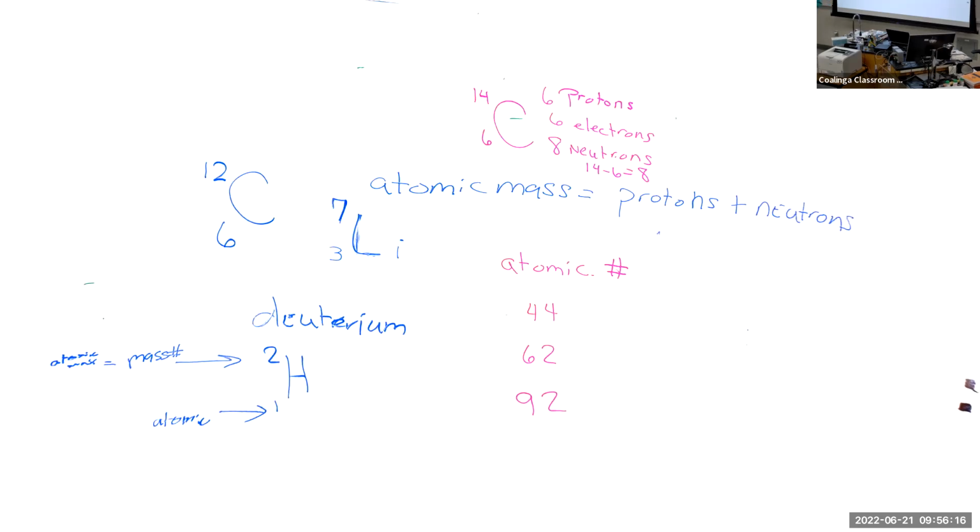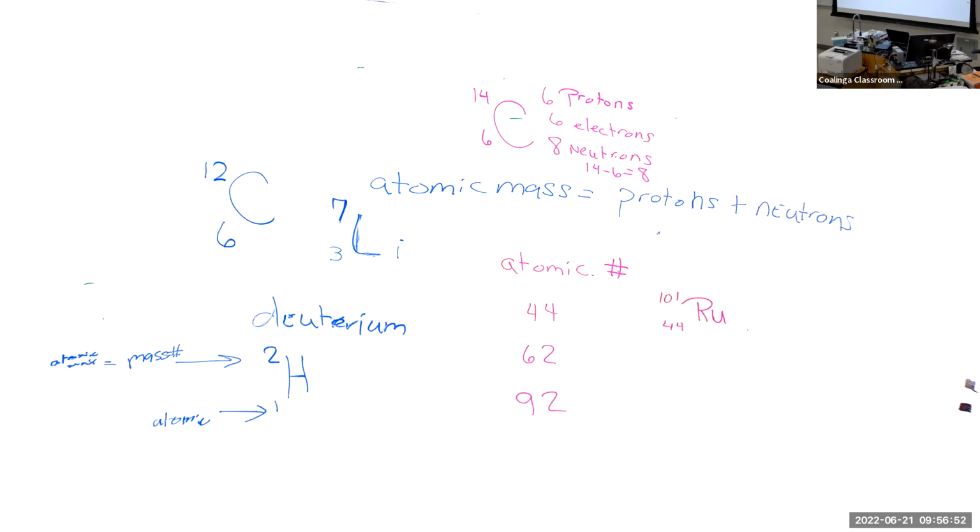Okay, guys, ready? Okay, so let's start with the top number, 44. So what is the symbol? Okay, so its mass number is 101. Its atomic number is 44.